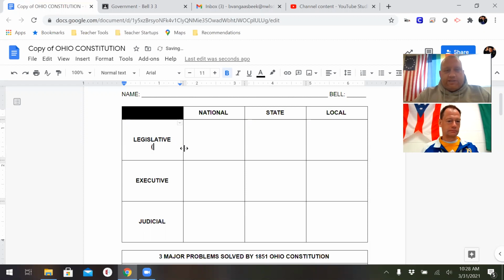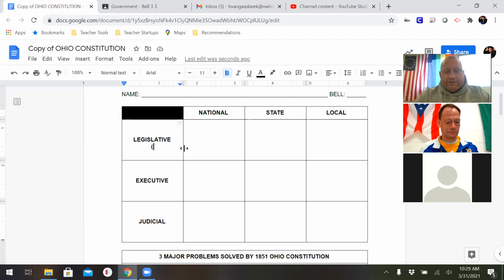What does the legislative branch do? Here we go. They make the laws. Very good.